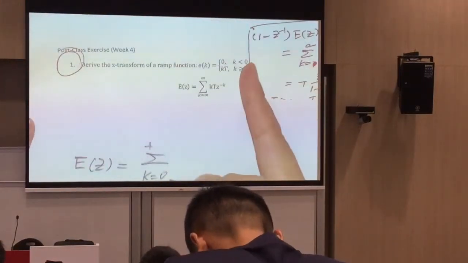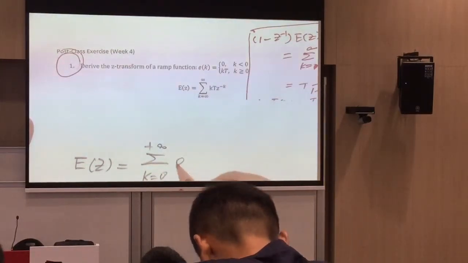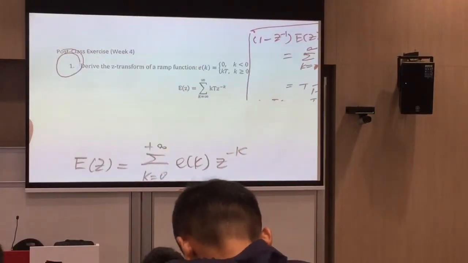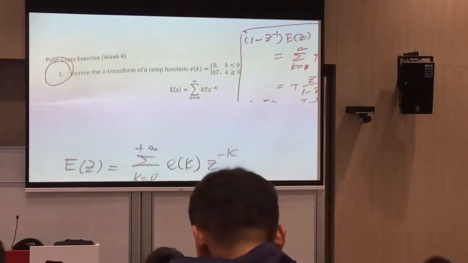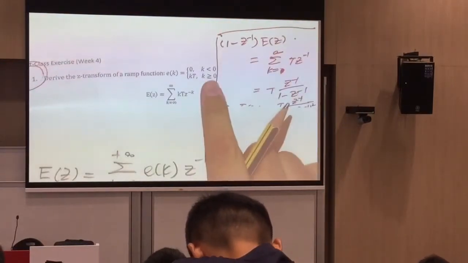Because for k value less than 0 it is 0, so we can do the initial condition for 0. So what are we going to have? If k equal to 0, what do we get? We get 0. If k equal to 1, what do we get?